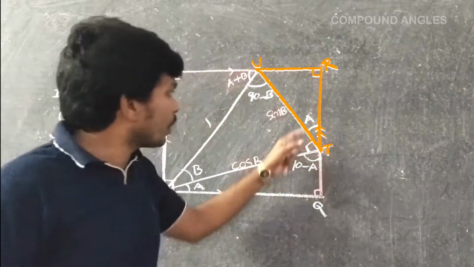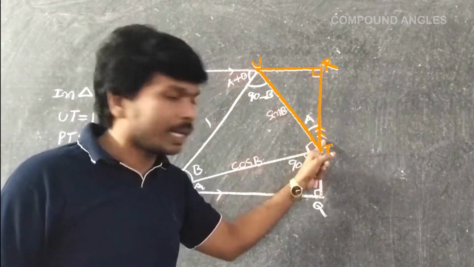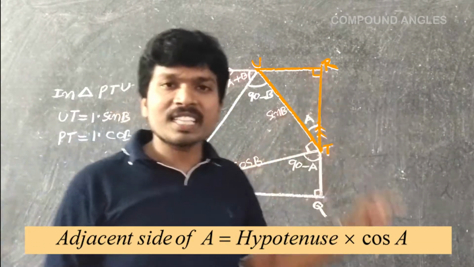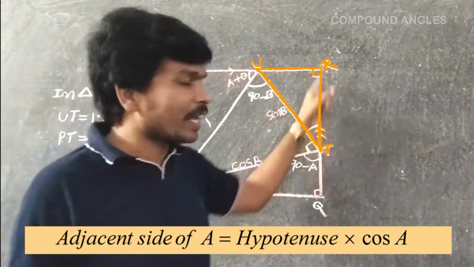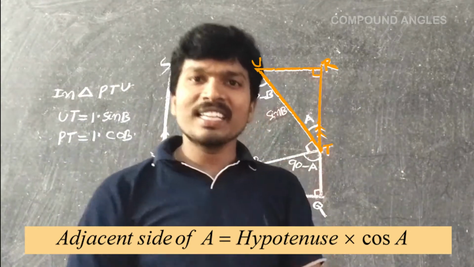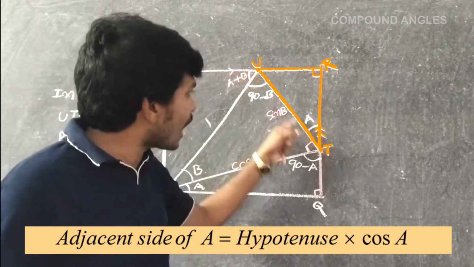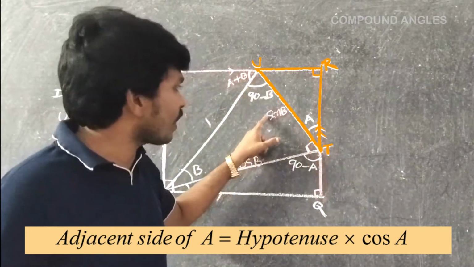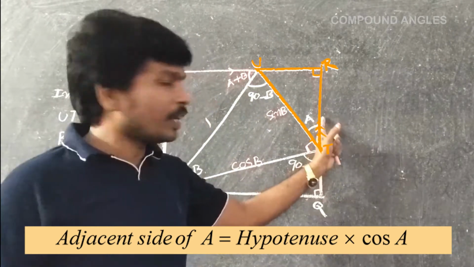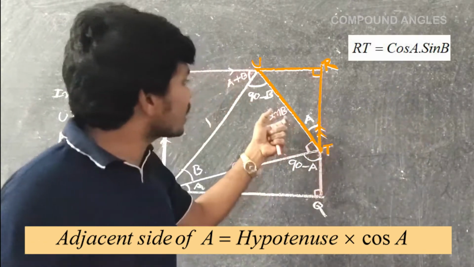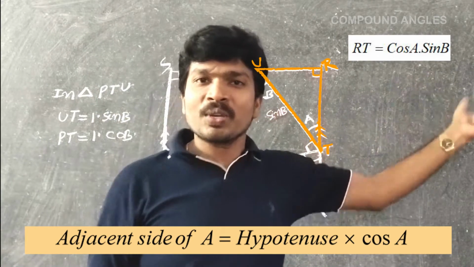RT is the adjacent side of angle A. So RT is equal to cos A into hypotenuse. What is the hypotenuse value? Sine B. So that's why you will get RT is equal to cos A into sine B.